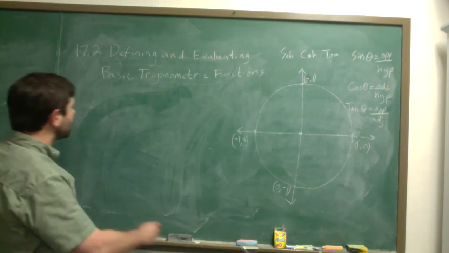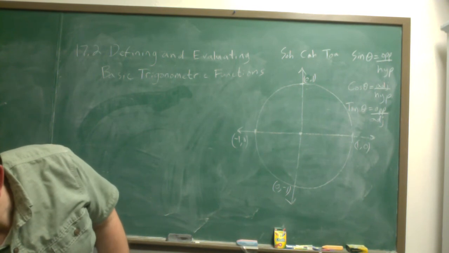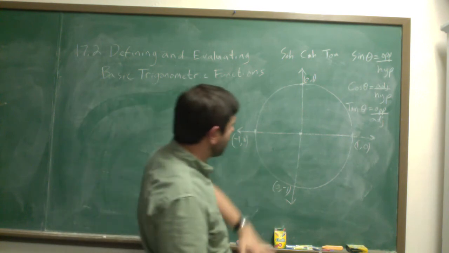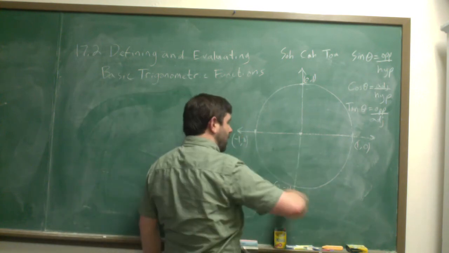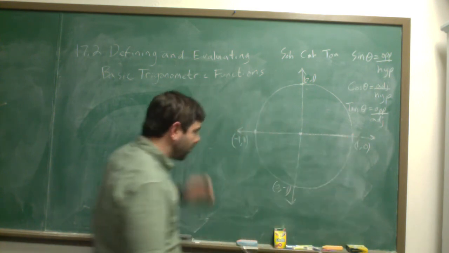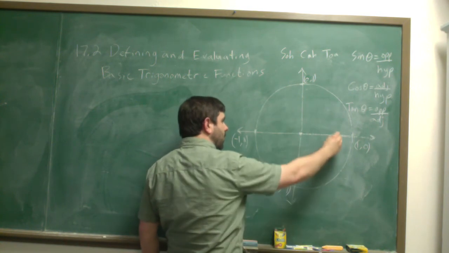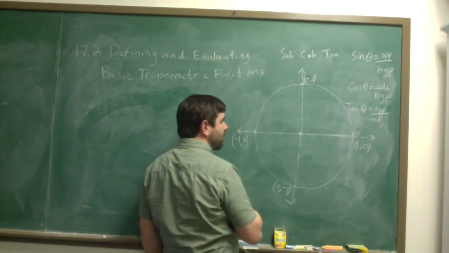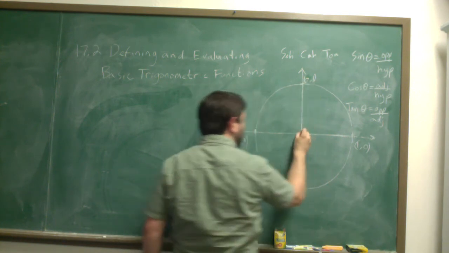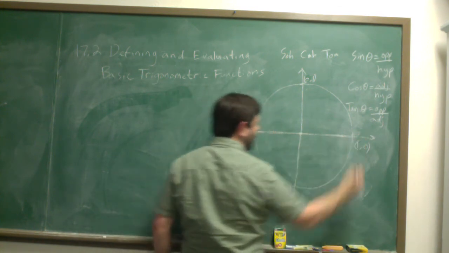A really good exercise for you to do is to fill in all the angles on a unit circle. We always start from this side, and we work our way around this way. And when we think about the unit circle, we can divide it into 4 pieces, four quadrants.